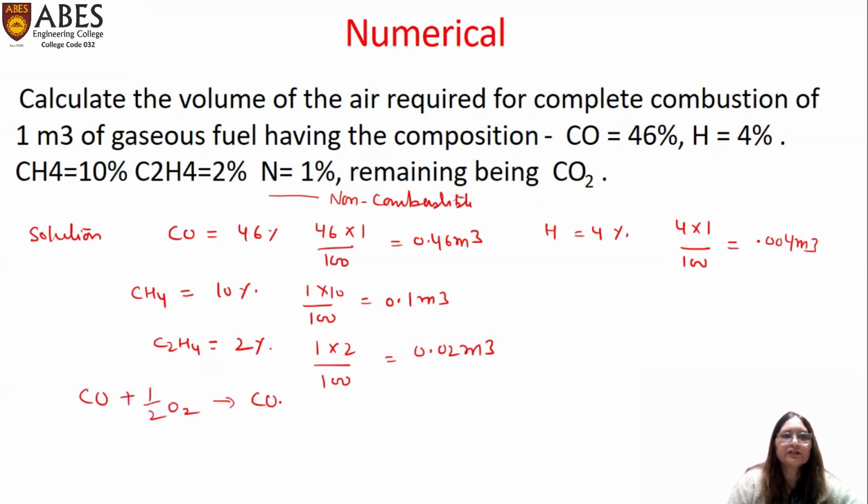It will give CO2. And the second reaction is hydrogen H2 plus half O2, it will give H2O. Methane CH4 plus 2O2 will give CO2 plus 2H2O.